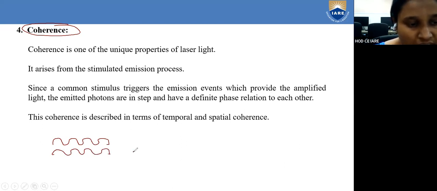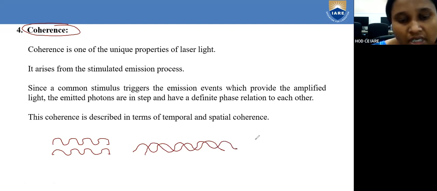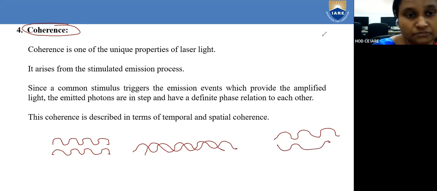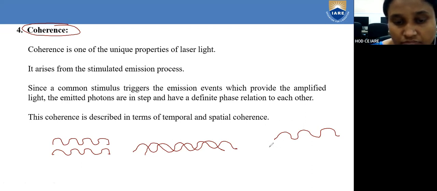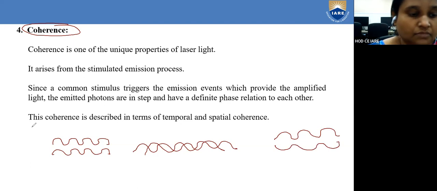Then I'll take one light wave going like this, another light wave going like this, and then two more light waves going like this. Now what we are doing is comparing two light waves. This is my case one.